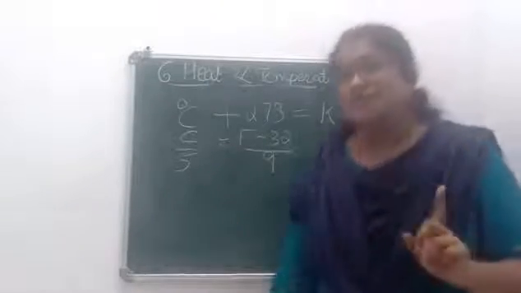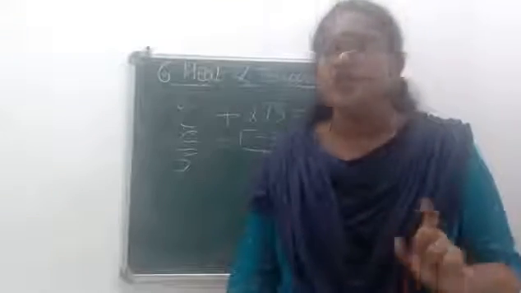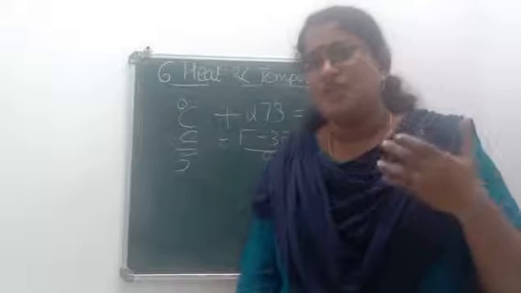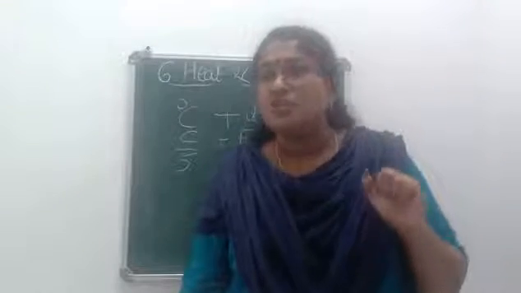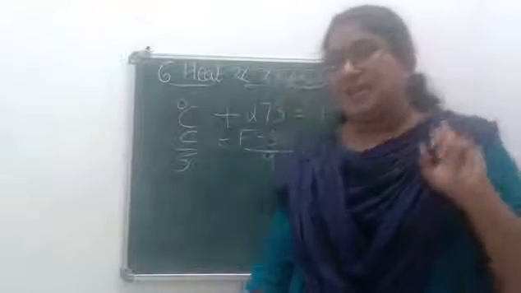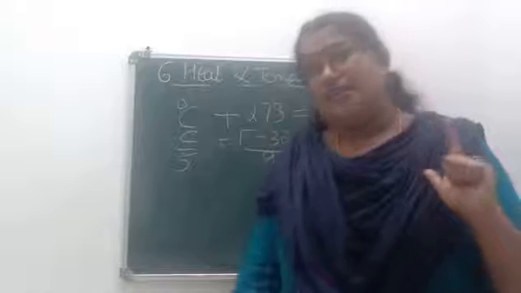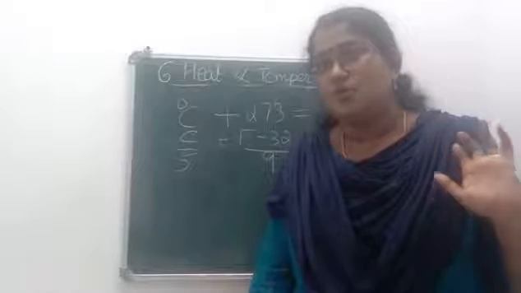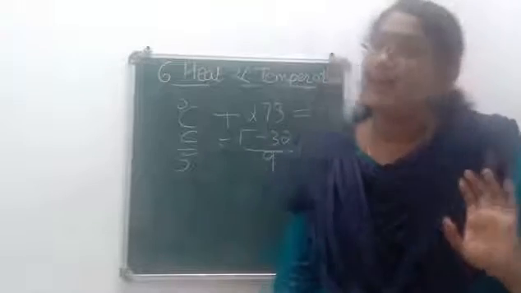Once again, the degree of hotness or coldness of a body is called temperature, or you can say that temperature is the factor which decides the direction of flow of heat. Then Kelvin, degree Celsius and degree Fahrenheit. Kelvin is the SI unit. Commonly used units are degree Celsius and degree Fahrenheit.